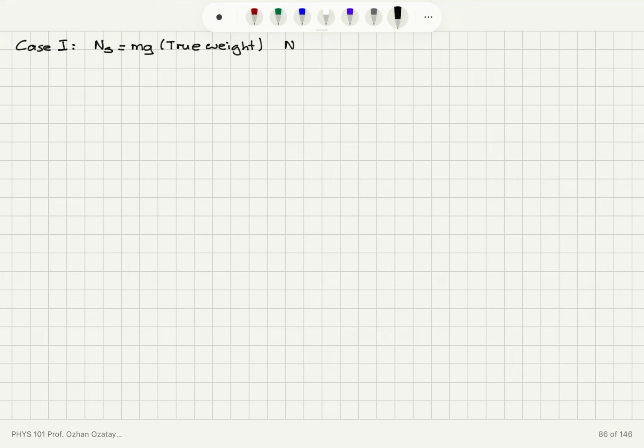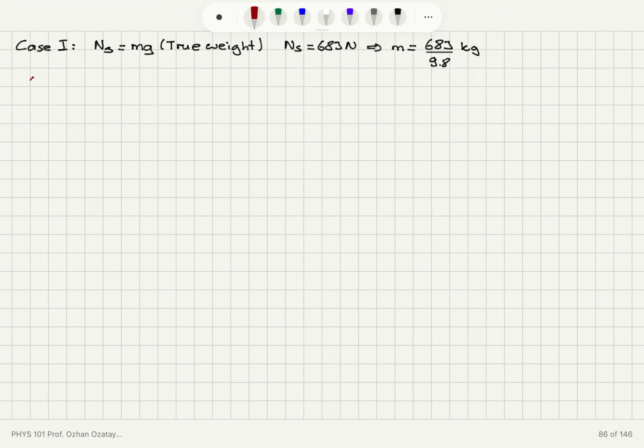And the scale reading will be 683 newtons in this case, which means that the mass of the person will be equal to 683 newtons divided by the gravitational acceleration 9.8 meters per second square, and the answer will be in kilograms.